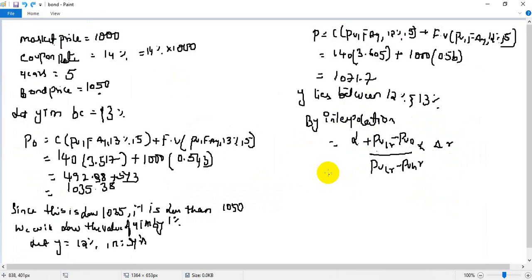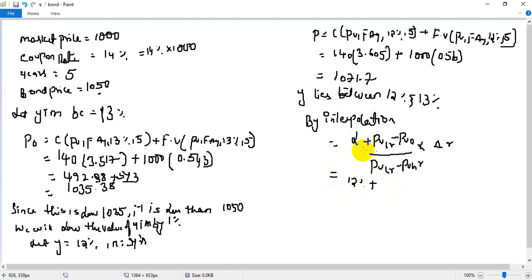Over here L is nothing but any of the percentages; you can take 12, let's say 12, plus PVLR.